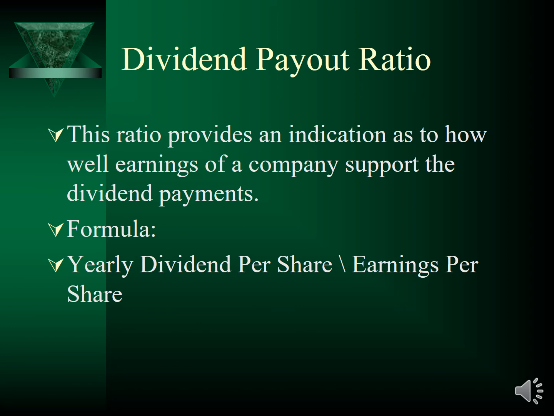Another very important ratio is dividend payout ratio. In this ratio, we consider how well the dividend is covered by earnings of the company. The formula is we pick up the dividend per share figure and we divide that by earning per share.